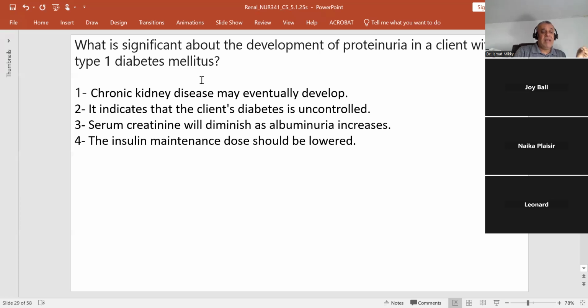Remember when we went over diabetes and we said we have acute and chronic complications, and one of the chronic complications was diabetic nephropathy. For patients with diabetes, we have to check and assess the eyes, right?